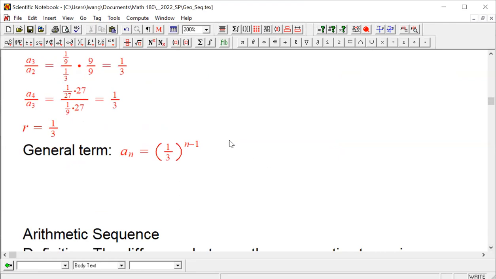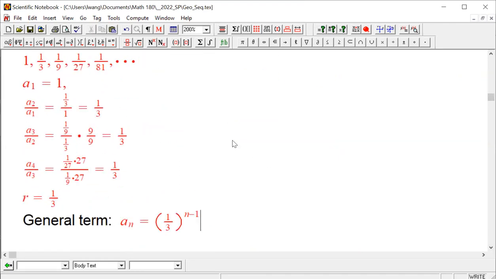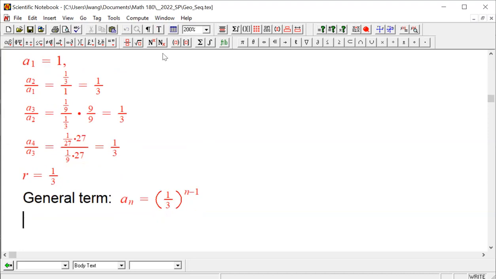Now, in this last example we've done so far, example number 3, if I wish to know the 199th term, what would that be?